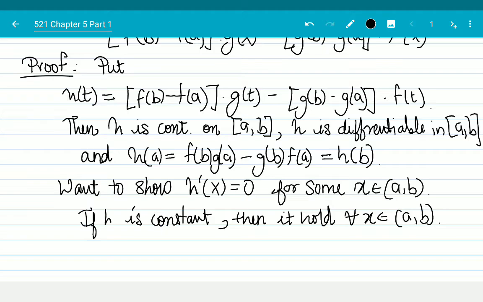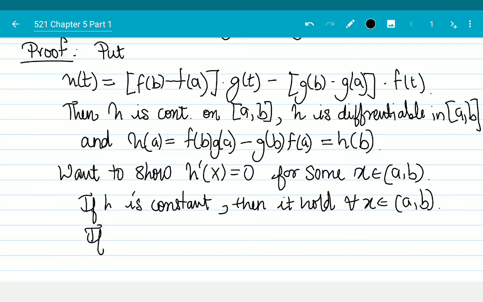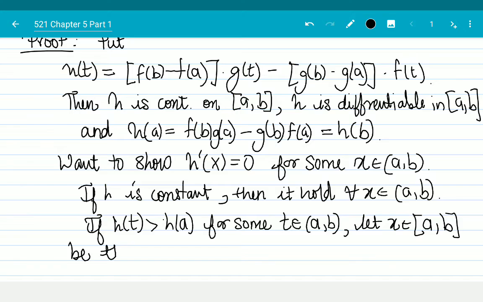Right? Otherwise, if it has a bigger value, if h of t is greater than h of a for some t belonging to (a,b), let x be the point belonging to (a,b) at which h attains its maximum.